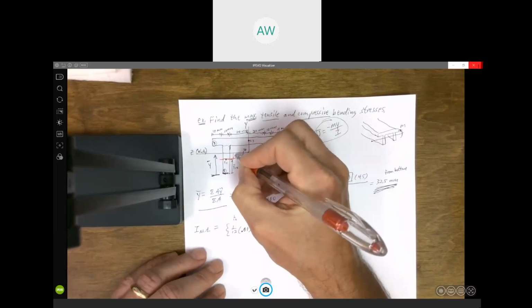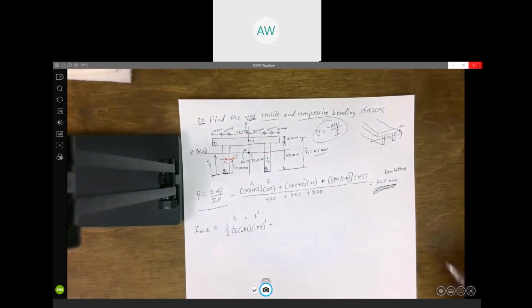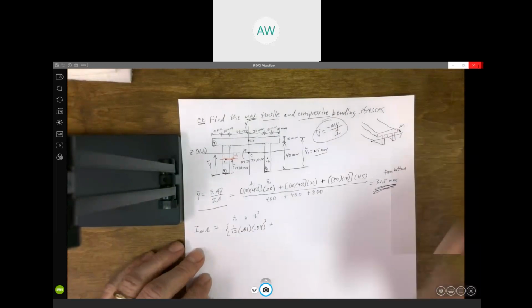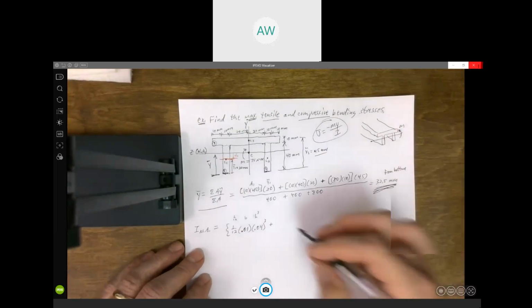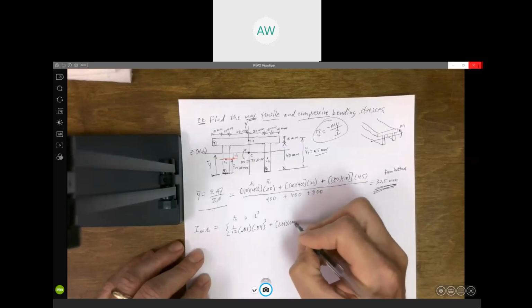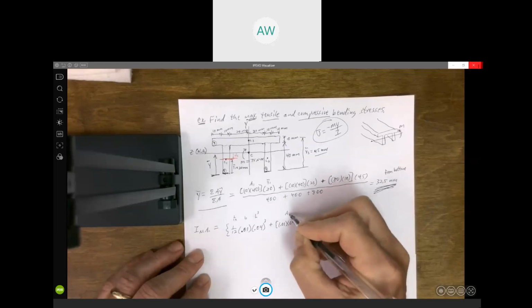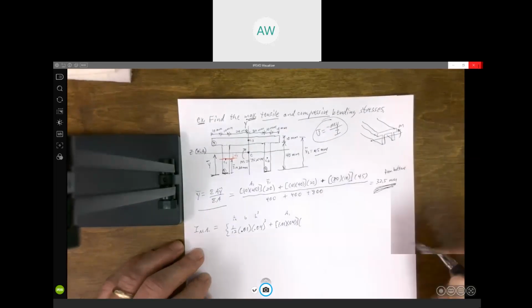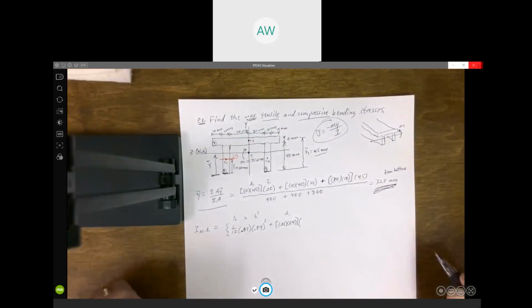I'll call it D1, the distance that the centroid of area 1 is away from the neutral axis. So I have to add the A D squared here. The area is 0.01 times 0.04, that's A1, and now I need to know D1 and then square it.